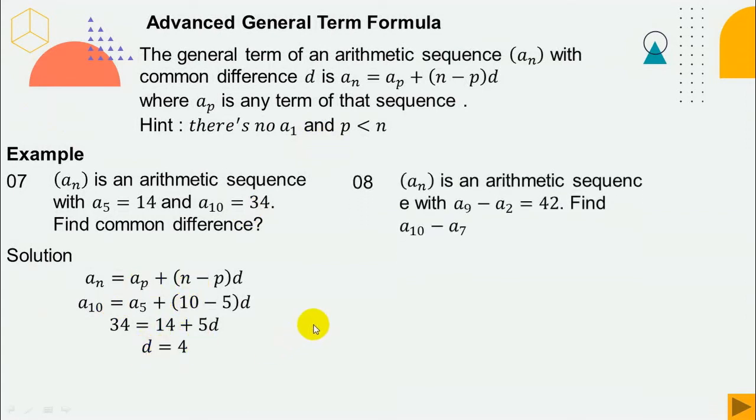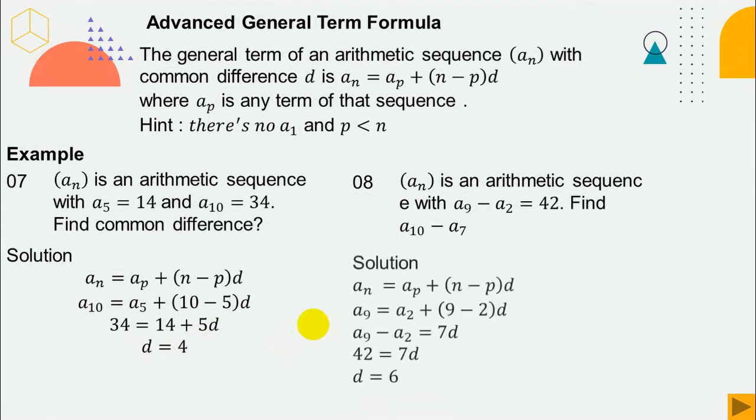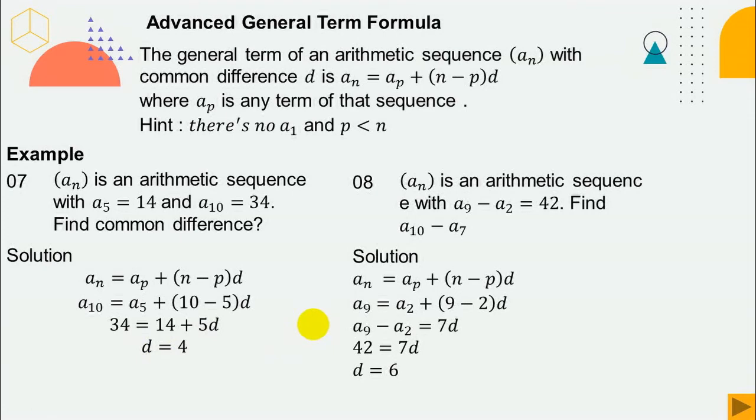How about another example? In this example, they have a sequence where the 9th term minus the second term is equal to 42. Find the 10th term minus the 7th term. So from here, we can fix the first one. We need to find the 9th term minus the second term, which is equal to 42. We look at n as 9 and p as 2.